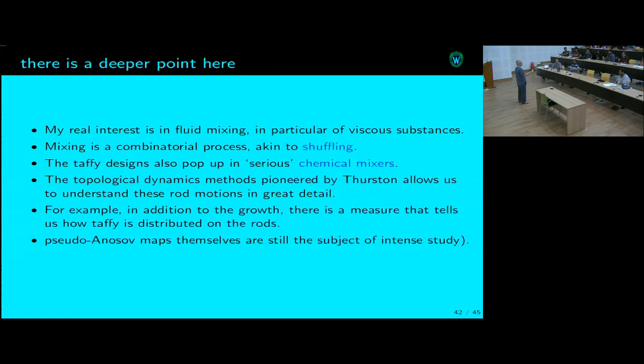Question in the back? That's a good question. So everything here was planar. And the reason is also my focus. For taffy pullers, everything I know that exists is planar. For mixing devices, of course, there are 3D mixers, right?